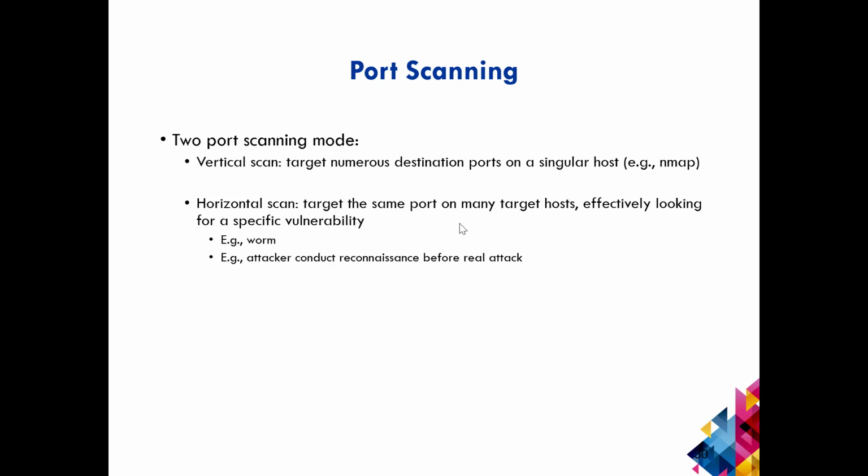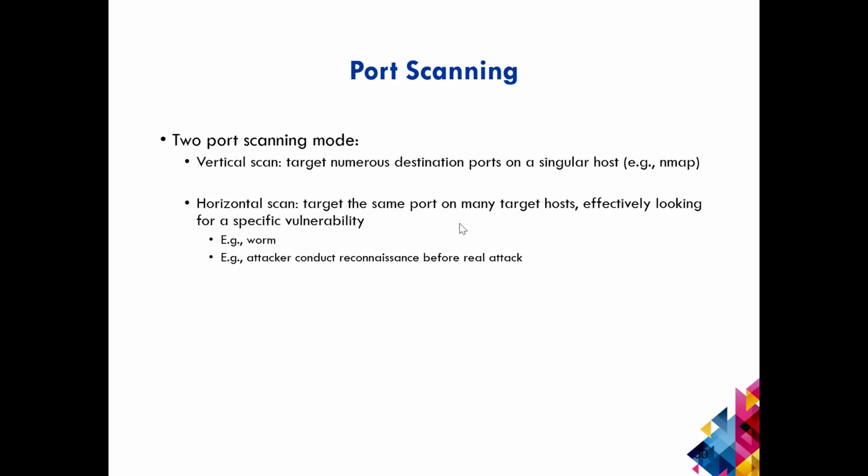Okay, two port scanning modes. We have a vertical scan, which targets numerous destination ports on a single host, normally like Nmap. Or we have a horizontal scan, which targets the same port on many target hosts, effectively looking for a specific vulnerability. Okay, there are two things. Vertical, numerous destinations: they try to identify all of the possible PCs or nodes connected to the network.